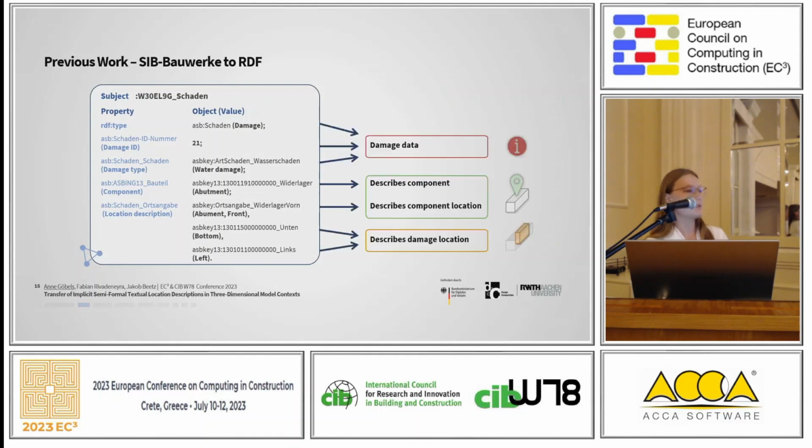We have data concerning the damage type, and some more which I excluded here, but also the component information. So we know which component type is affected and its location, but we don't have any ID or anything. And we know about the damage location, but they only have the same property, location description.